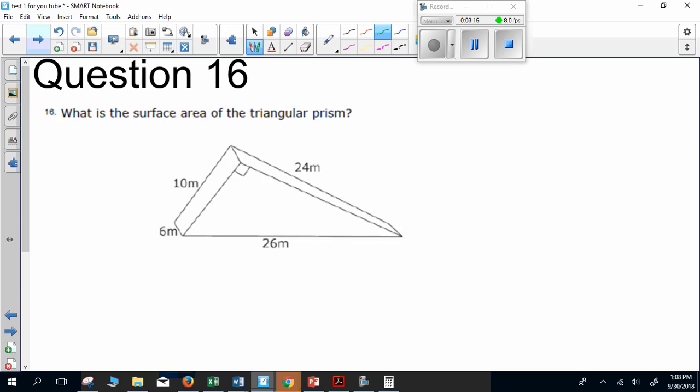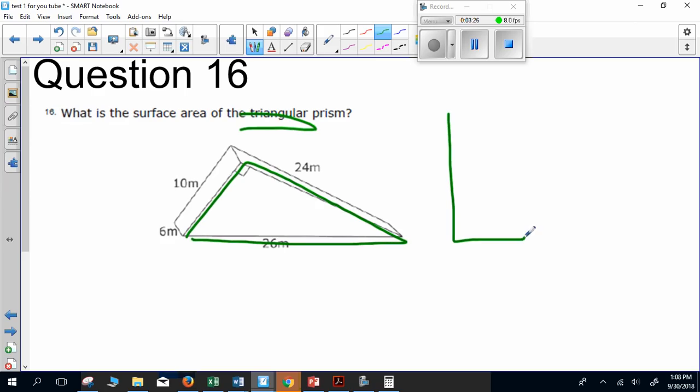Next one, surface area of a triangular prism. The first thing I'm going to do is draw the base, which is a triangle. Okay, so it's a right triangle like this. My base is 6, my base is 10, my height is 24.